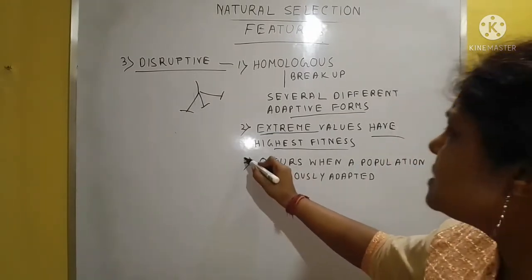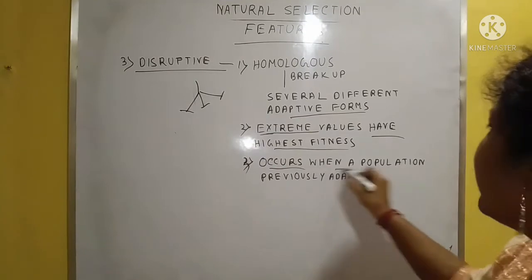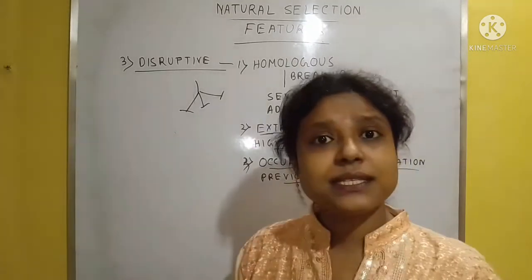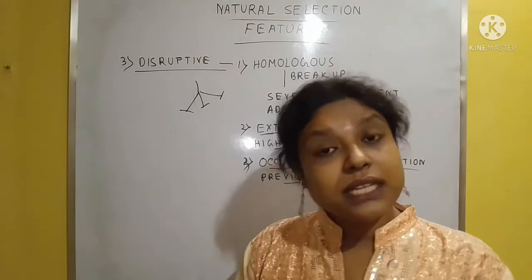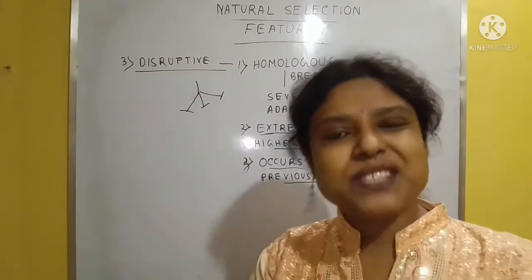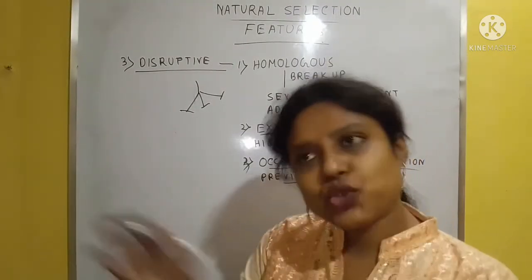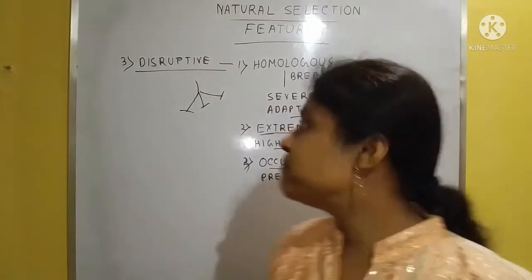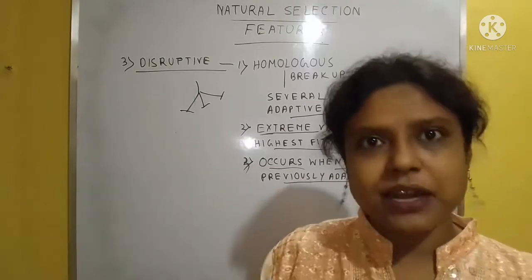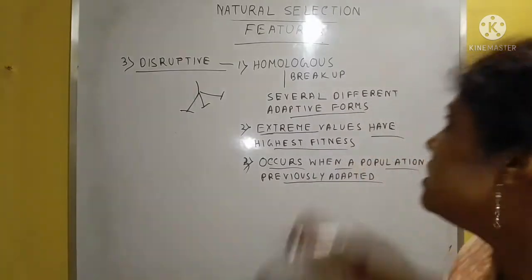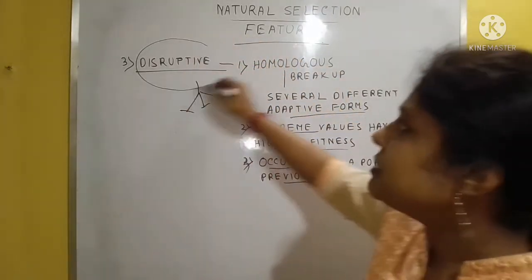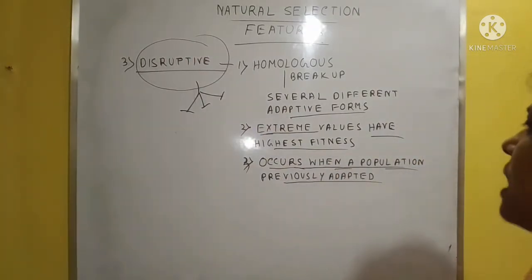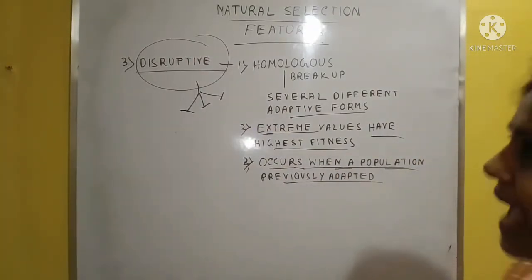And the last one, this occurs when the population is previously adapted. It is possible when the species is already adapted to the environment, and in that situation we can see this disruptive selection. That means it occurs when a population is previously adapted.